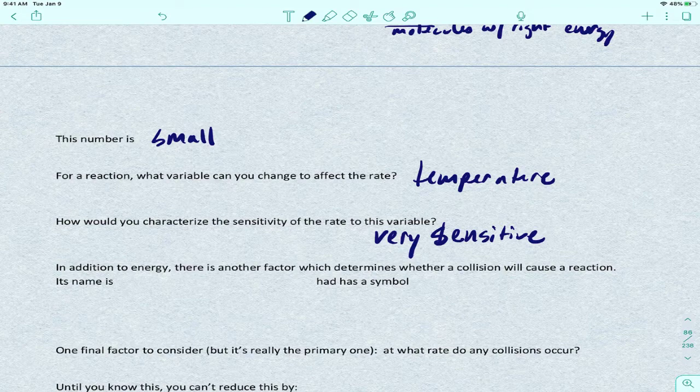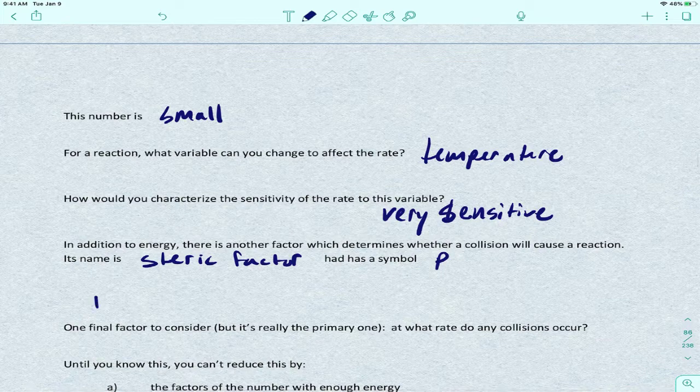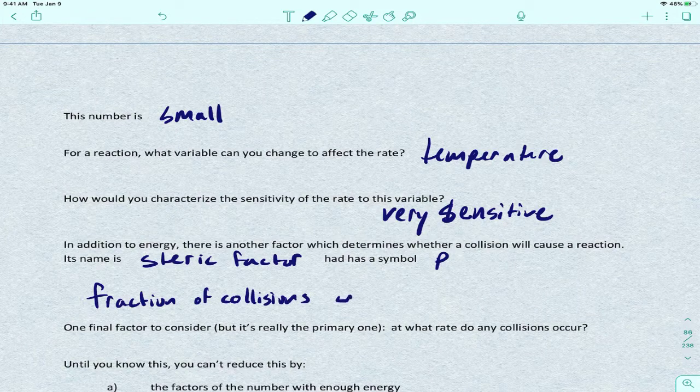Now, in addition to the energy, there is another factor that determines whether a collision will cause a reaction, and we call that the steric factor. We have a symbol for it, a lowercase p. The steric factor is the fraction of collisions with the proper orientation.